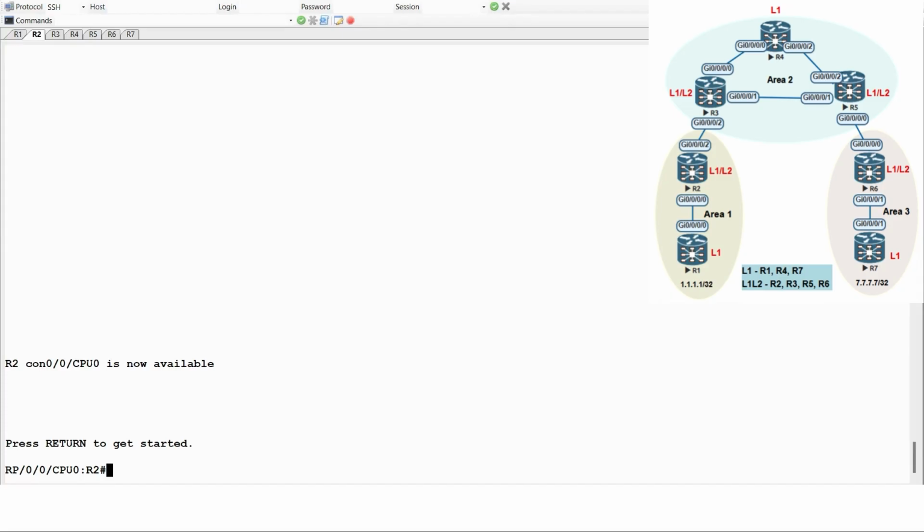In the next step, we will change the default behavior and propagate prefixes from the L2 database to the L1 database.